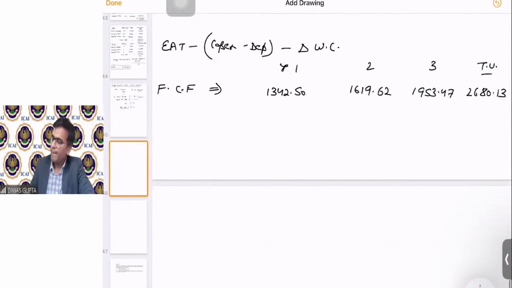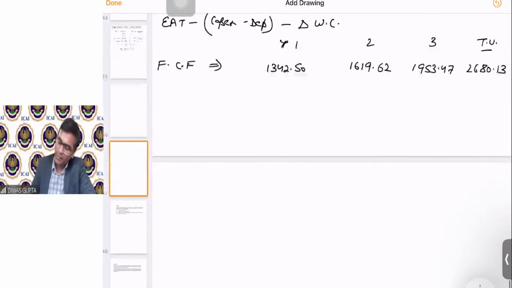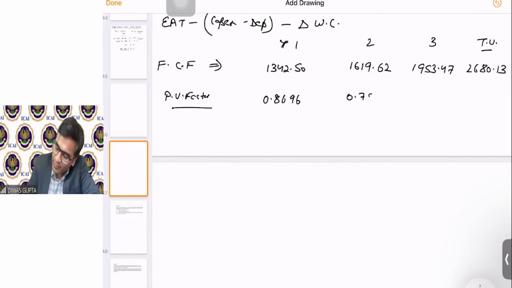Now let's come to the present value factor. For year 1, how much is it? 0.8696. That is given in the question. Then year 2 is 0.7561. Year 3 is 0.6575.